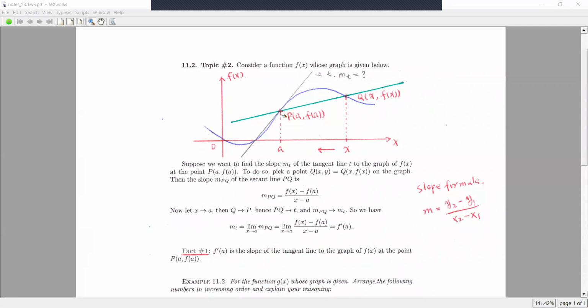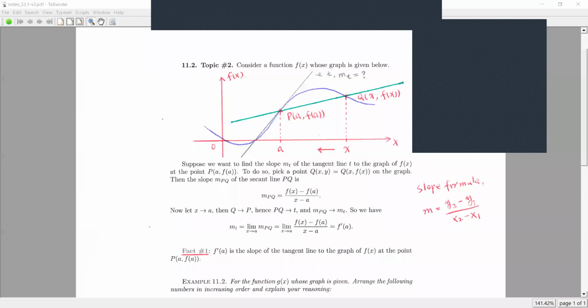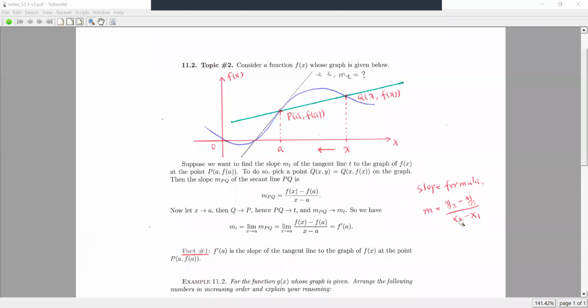Now, at the point P, there is a tangent line, and I want to find the slope of the tangent line. For the slope of a line, we have the slope formula. But this formula requires we know 2 points on the line.